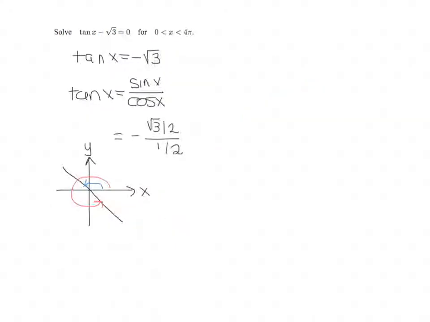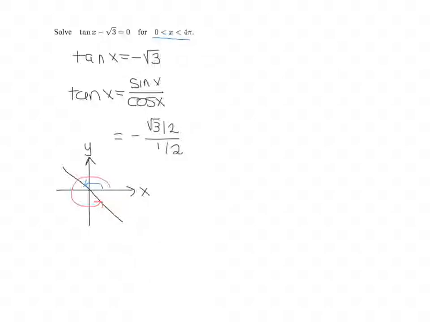Solve for x given tangent of x plus square root of 3 is equal to 0 for the given domain from 0 to 4 pi. Given 4 pi, you know you're going around the circle twice because each circle is 2 pi. Solving for tangent of x, we get tangent of x is equal to negative square root of 3.